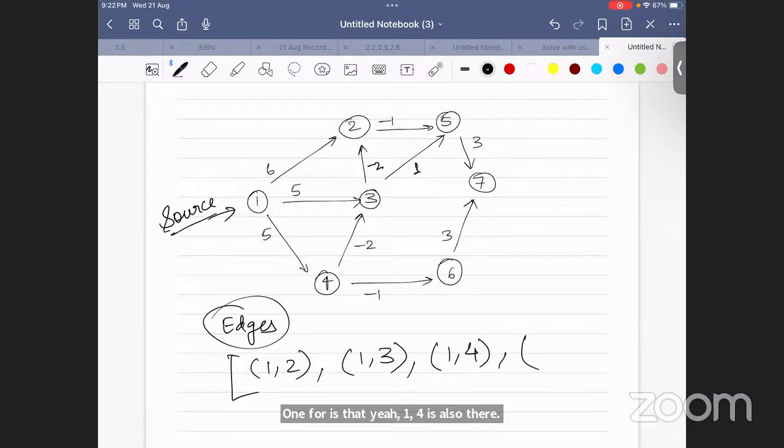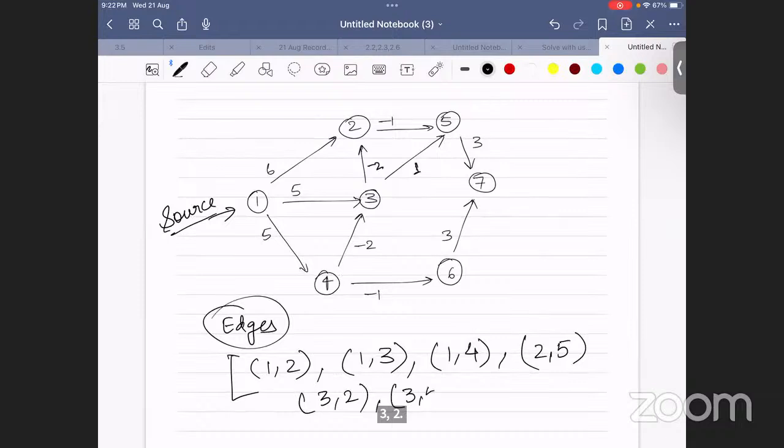What else? 2,5; 3,2; 4,6; 3,5; 3,7; 5,7; 6,7. Correct?